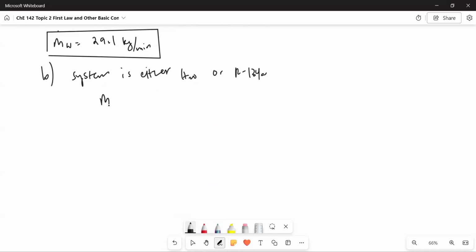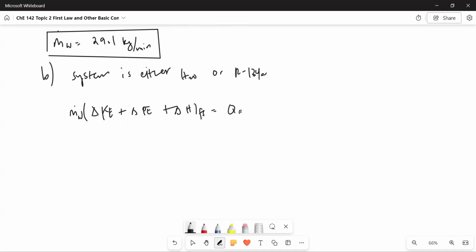So for the energy balance, the sum of the enthalpy times the mass. I'm just referring to the water.